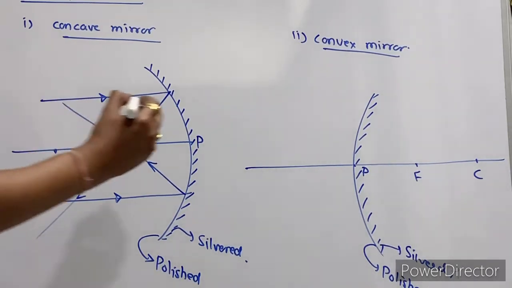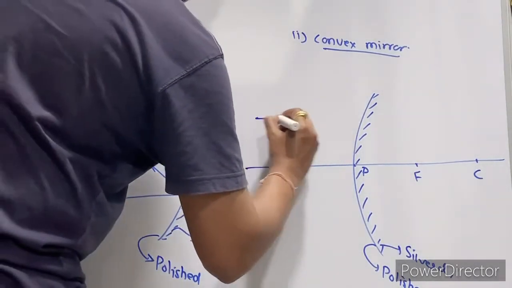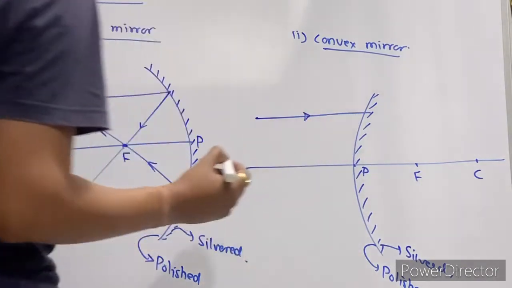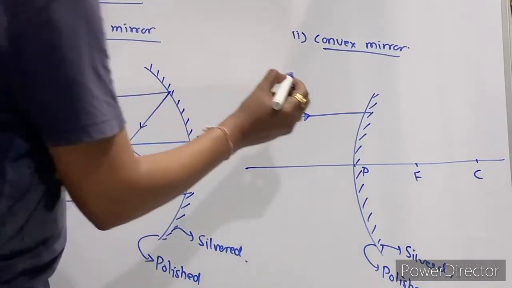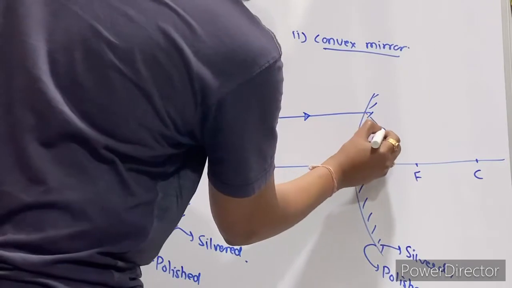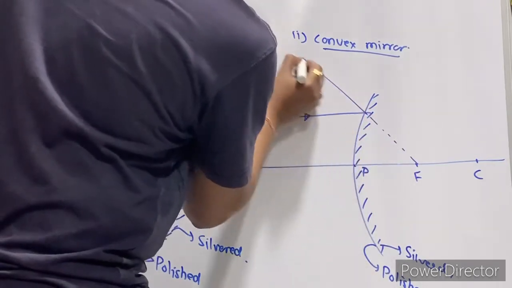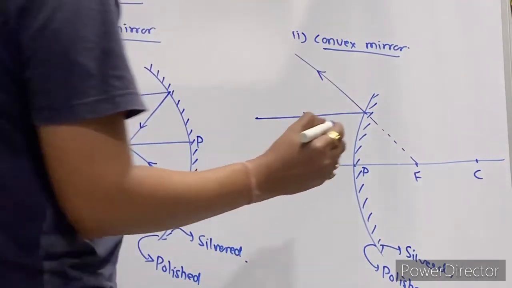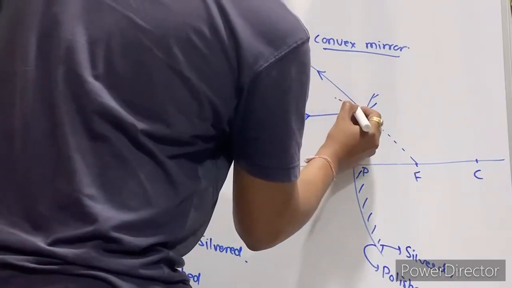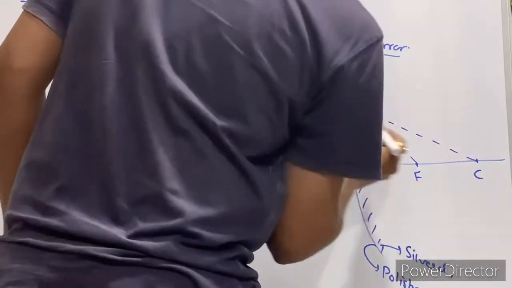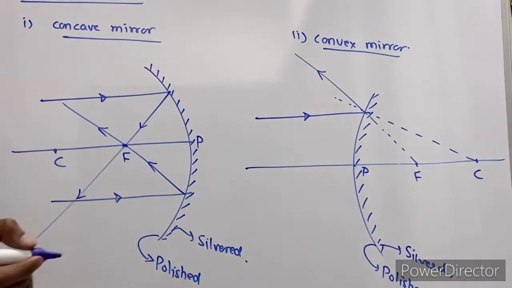Now here, if suppose rays are coming parallel to the principal axis, then the reflected ray will pass through this with a dotted line. Over here, it will go down, and I will join this part with C, because that line drawn over here is a normal, right?